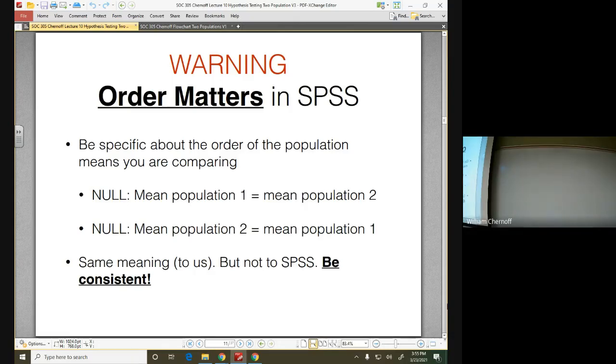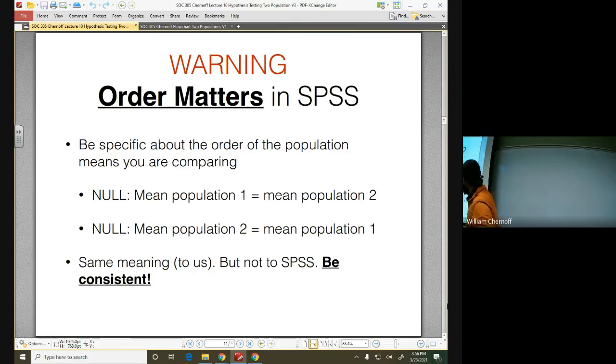If I go right to left, mean population 1 equals mean population 2. I said the same thing. So logically, we can make claims about how two groups are the same in different ways, and we know what we're doing. We're looking at the two groups and we're claiming they're the same. There's no difference. But SPSS won't know that.